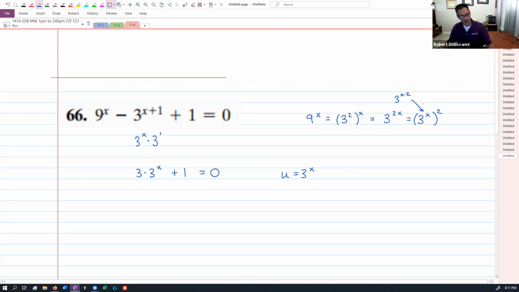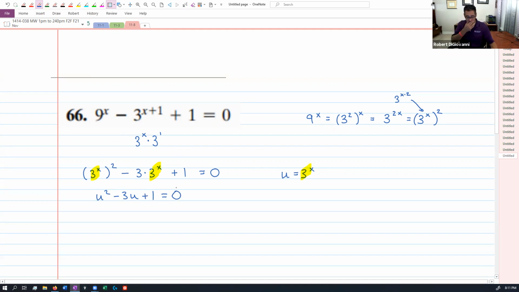So that is what I can put out here in the beginning, 3 to the x squared, and then this was a minus there. That's tricky, but it works. This is my u, right? So this becomes u squared minus 3u plus 1 equals 0.